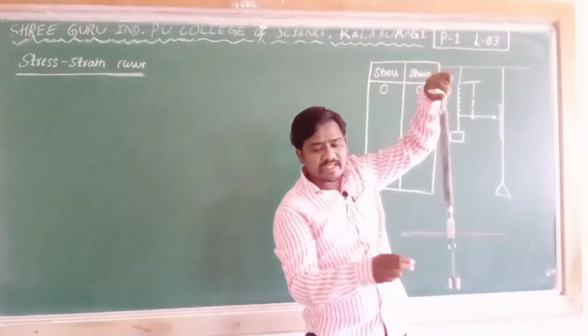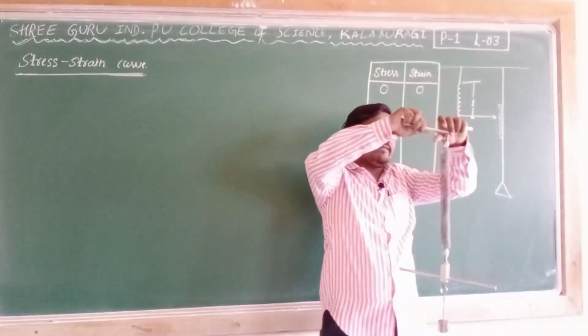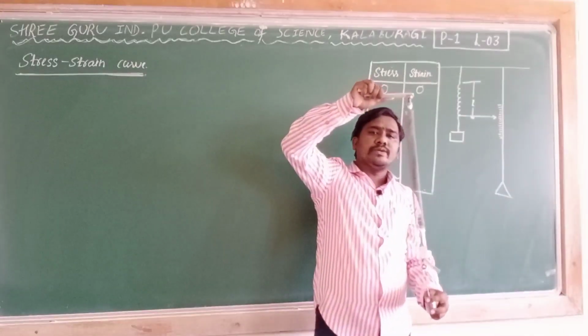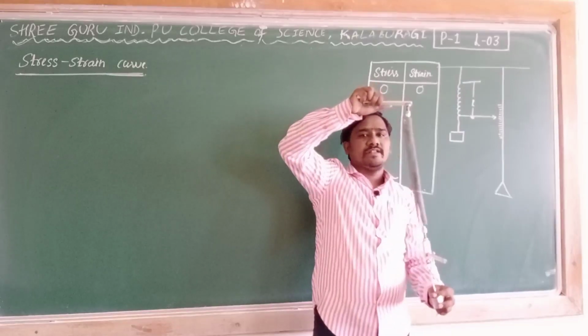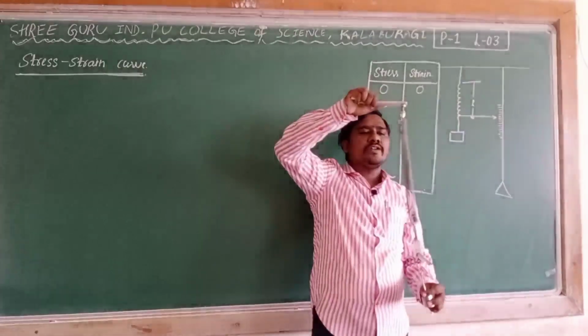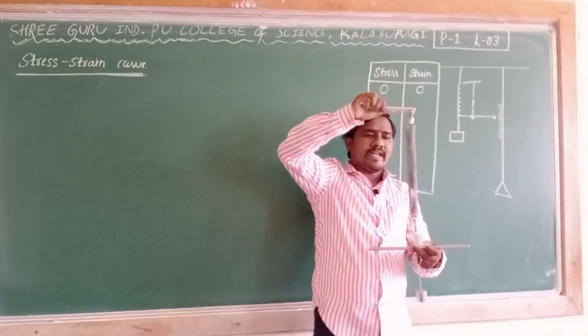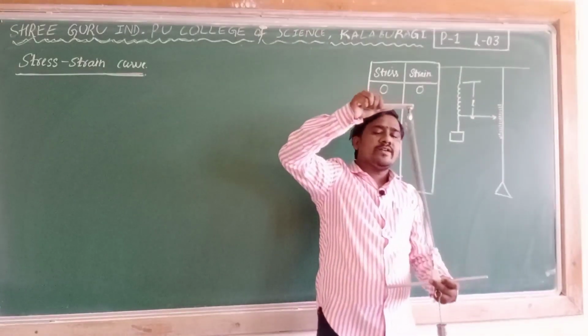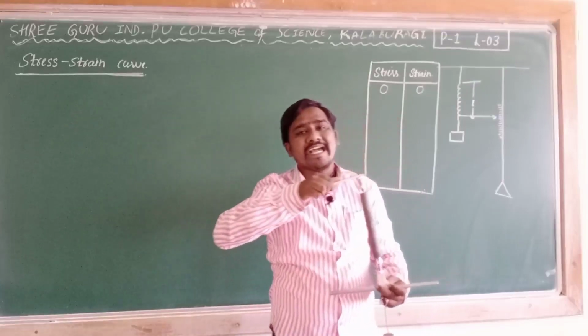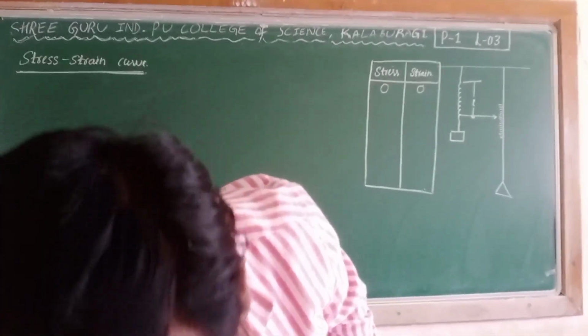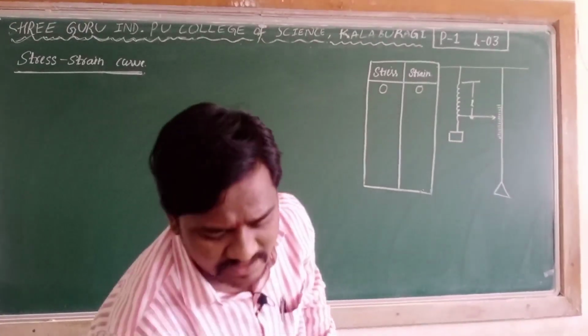At a particular limit the spring is going to stretch. The permanent set is going to develop on this spring, that is not going to regain its original shape or size. This we already discussed in the last class.